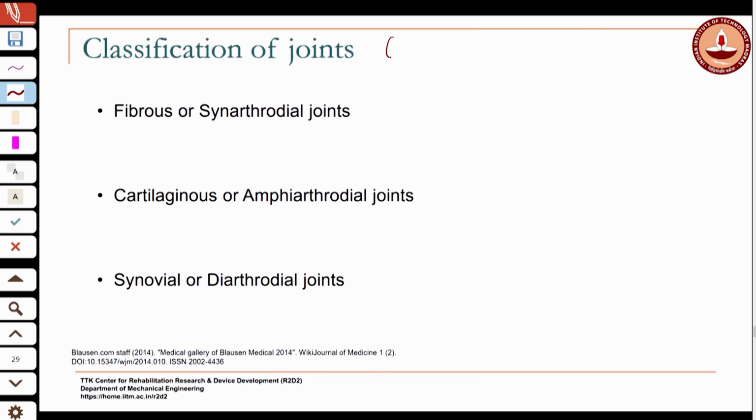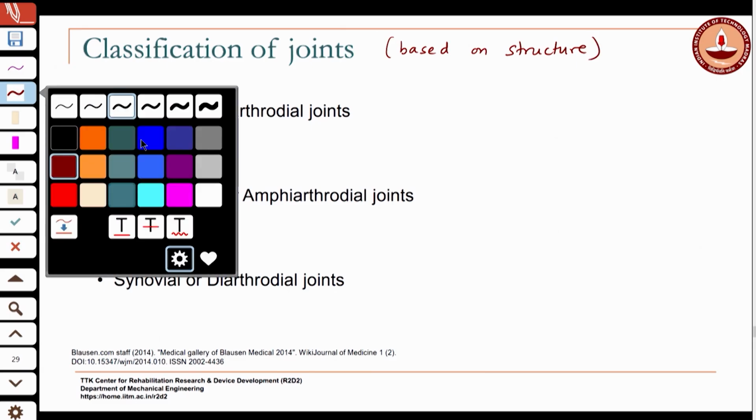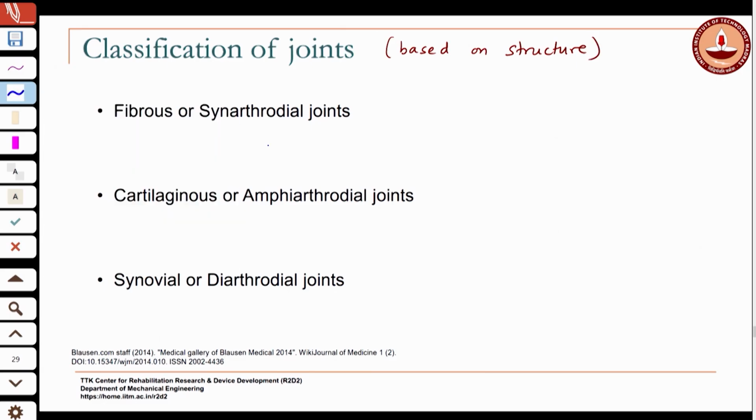So, this is classification based on structure. You have fibrous or synarthrodial joints. These are joints which allow little or no movement at all.